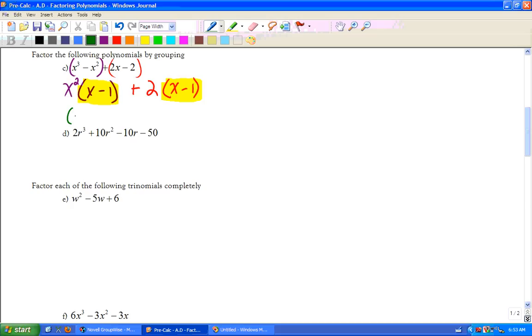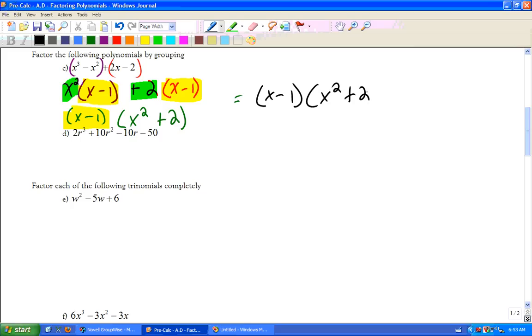So we can pull that out of both terms, x minus 1. We're left with x squared plus 2. So our final answer becomes x minus 1 times x squared plus 2.